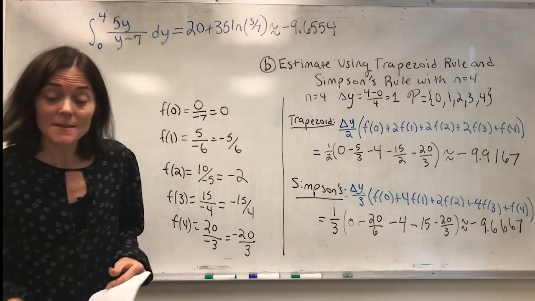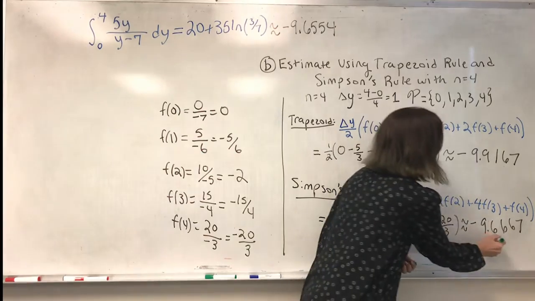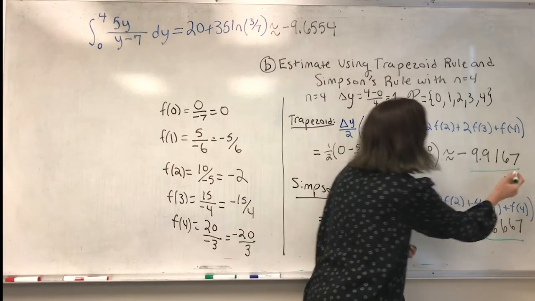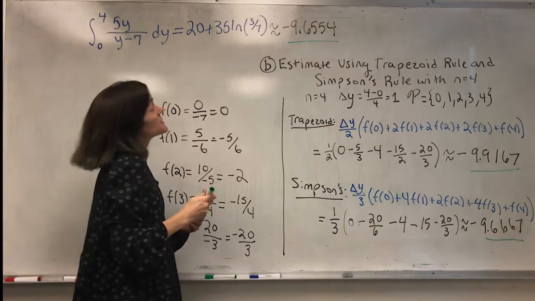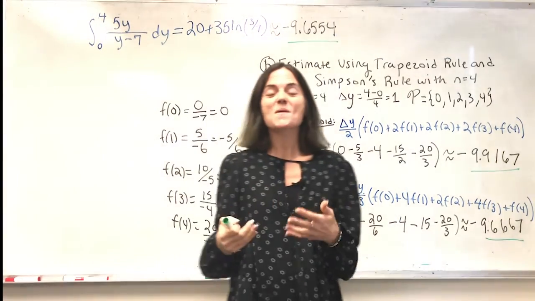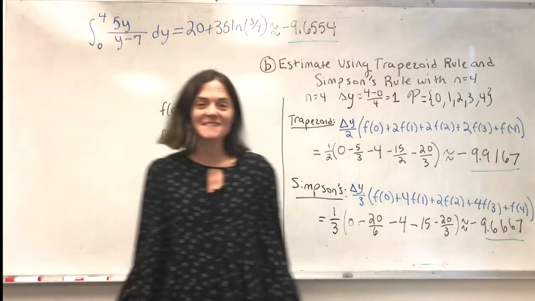So the approximation that we got from Simpson's rule, it's here. Trapezoid rule, it's here. And then this is the actual value by finding an antiderivative and evaluating at the upper and lower limits of integration.